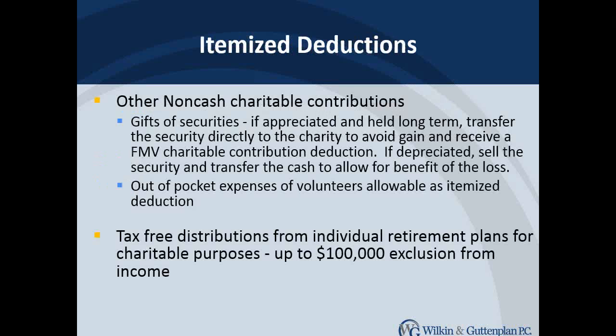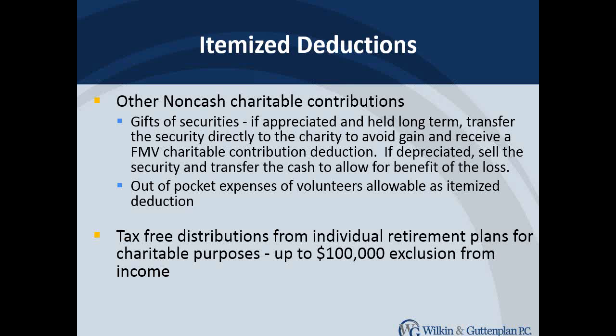So another topic, continuing on the topic of charitable contributions, in addition to giving cash, we can also give non-cash items. One popular method of doing that is securities. And so there's a few planning tips that we can discuss with respect to this strategy. The first, if you are holding on to appreciated securities, so you're looking at your portfolio and you have stocks that you own and you're looking at a taxable gain, what you want to do is actually transfer the security to the charity.